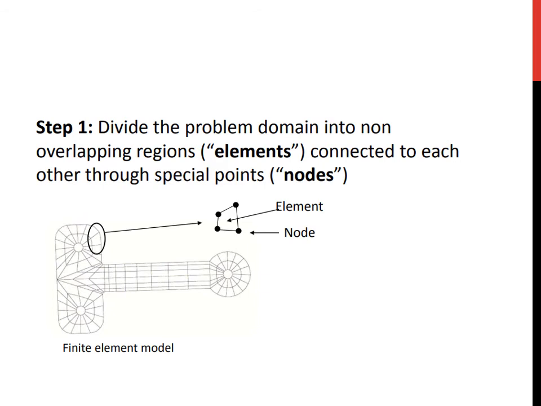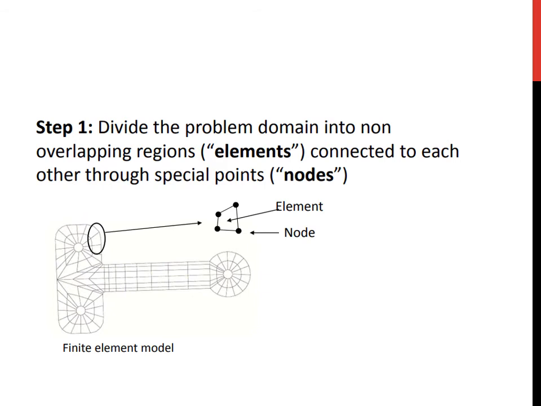The first step that we need to do is to divide the problem or our domain into non-overlapping regions, called elements, which are connected to each other through special points called nodes. So here we have the elements, and then we also have nodes. A node is more like a point.